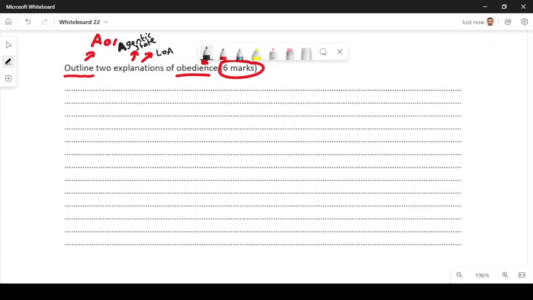In terms of this, as I said, you could have the word describe, you could have outline 1 explanation, they could maybe say a specific explanation, but I've just made up this one on this Word document.